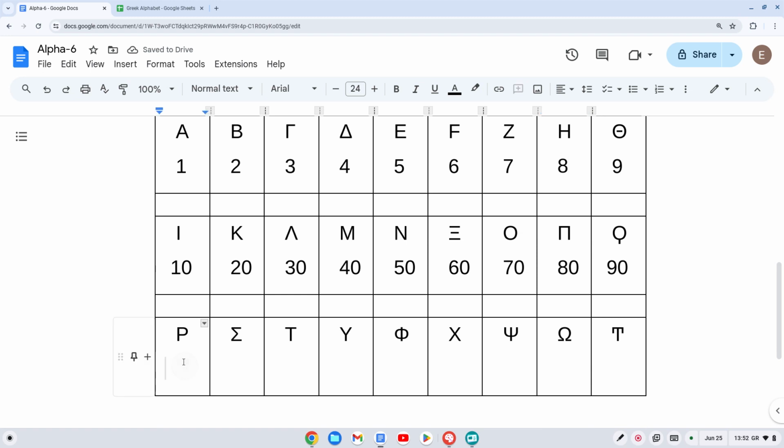And continuing on, rho got to be 100. Sigma, 200. Tau, 300. Upsilon, 400.